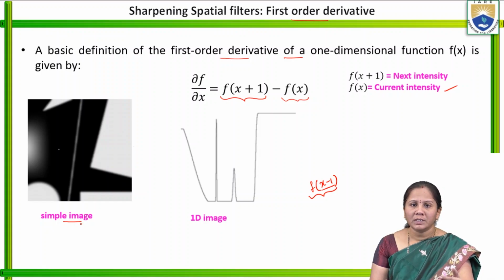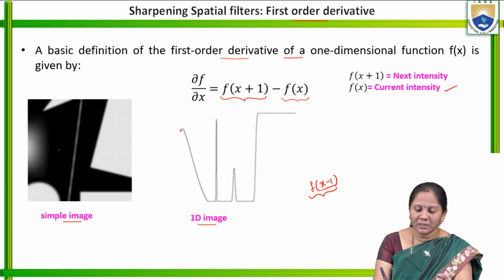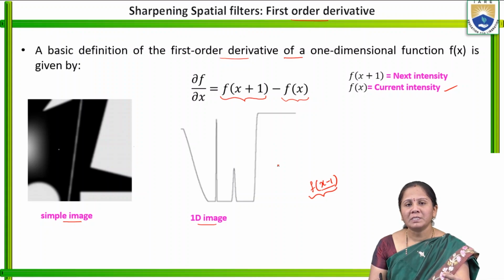This simple image with different intensity levels is represented as a one-dimensional image. All these spikes represent the intensity levels at that particular point.